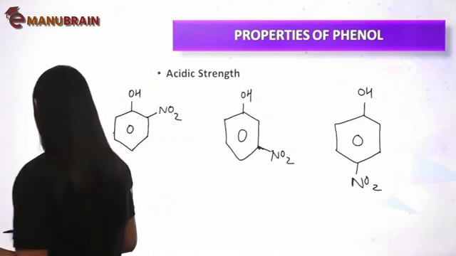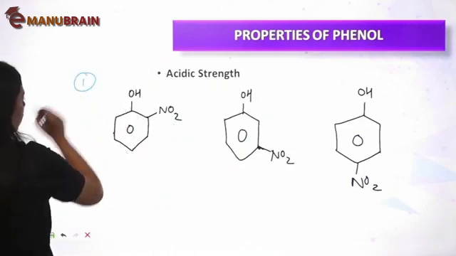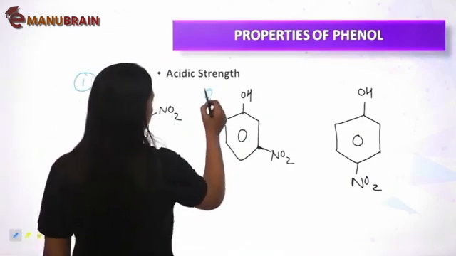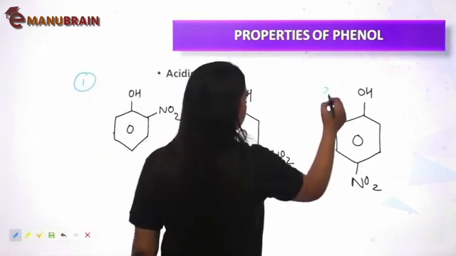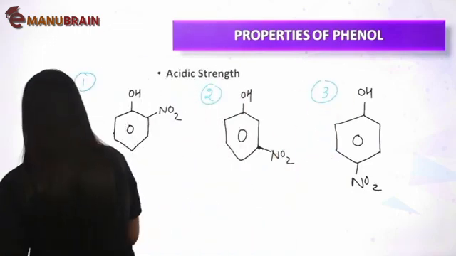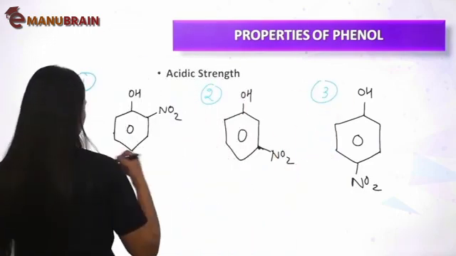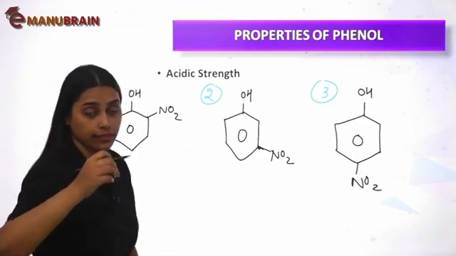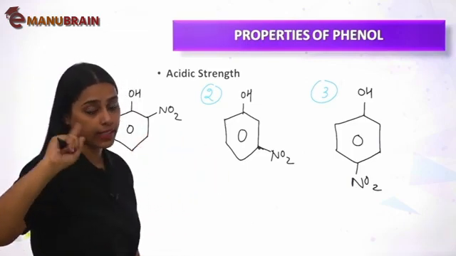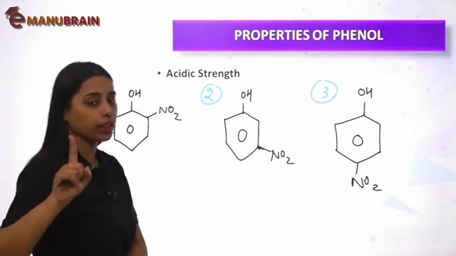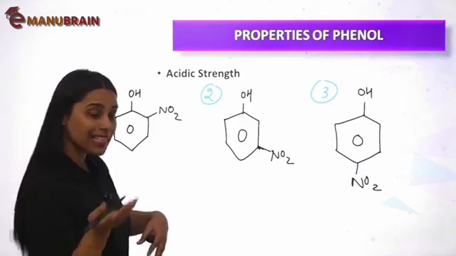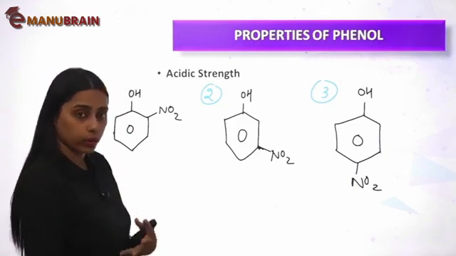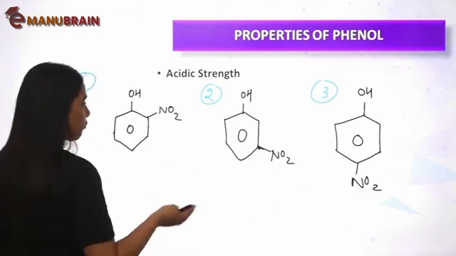Okay, let's label them. This is 1, this is 2, and this is 3. These ortho, meta and para are capable of showing what? We will see whether they are showing both -I and -M, or only +I +M, or only -I or only -M, right? We will have to check that.